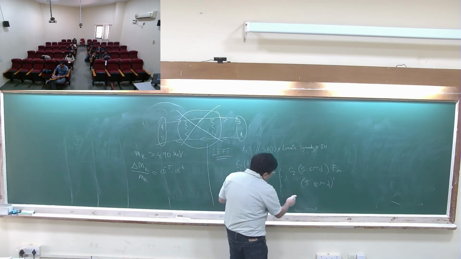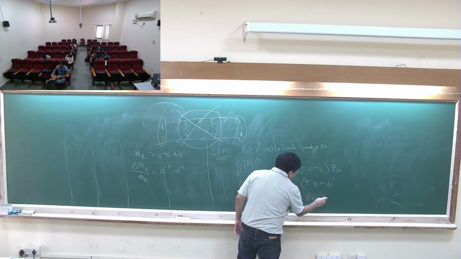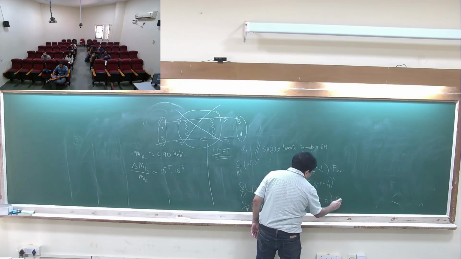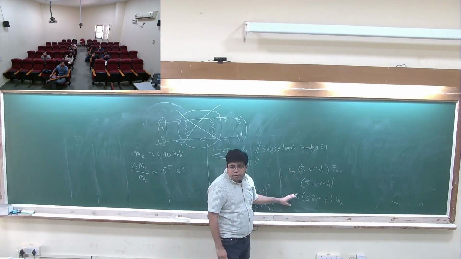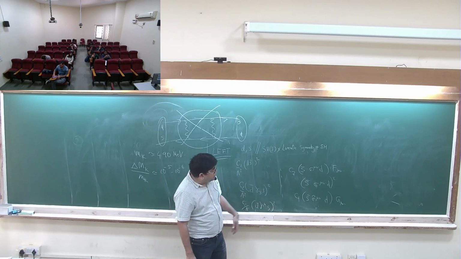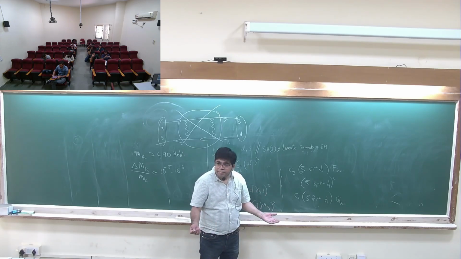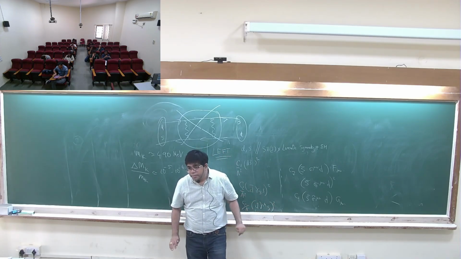Then you can also write a chromomagnetic operator. Just like an electromagnetic operator, you can write a chromomagnetic operator. You write down all possible operators and fit the data. You are not making any contribution to the standard model.